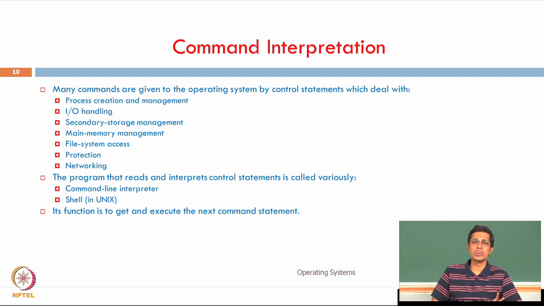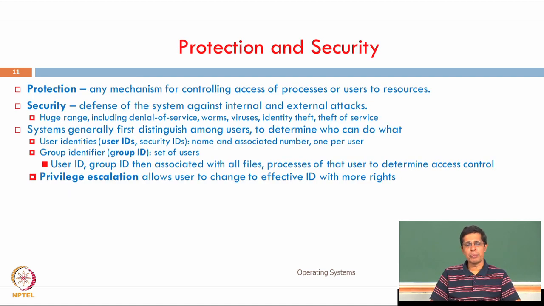We strongly urge you to look at the commands in Windows or the terminal in the Linux system, and understand some of the popular, very effective or heavily used commands in the respective operating systems. Now, we will also define what we mean by protection and what we mean by security. Protection is something very internal to the system. We will talk about protection in more detail in the next module, but for now please understand that within a system I need to protect a lot of things.